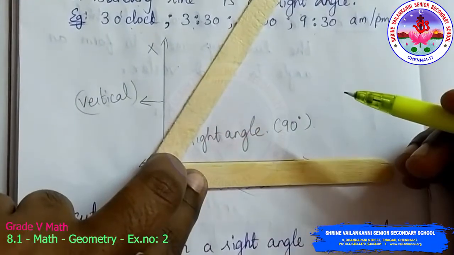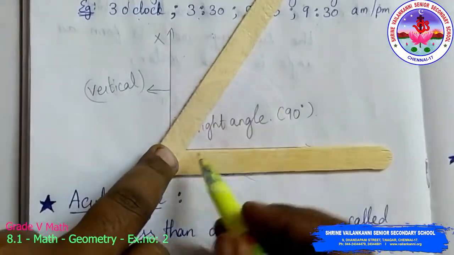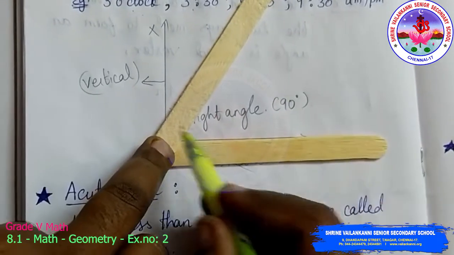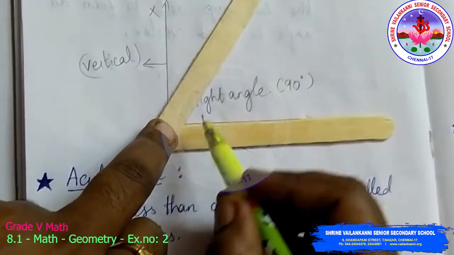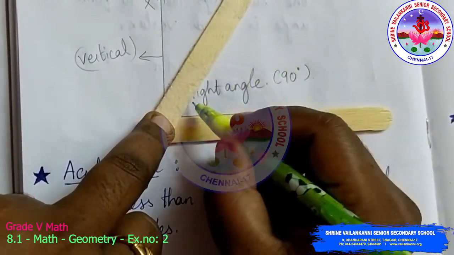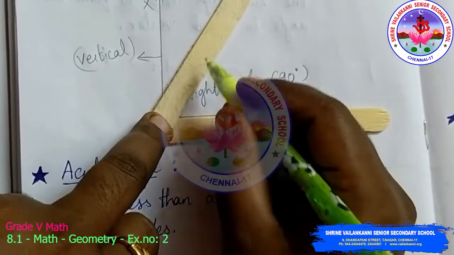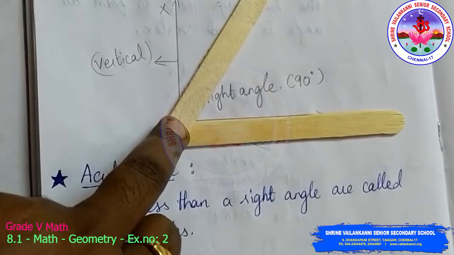If it is moving down, it means lesser. This is a sleeping line and this is a second arm or ray. The angle between these two rays, the space between these two arms, is said to be an acute angle.